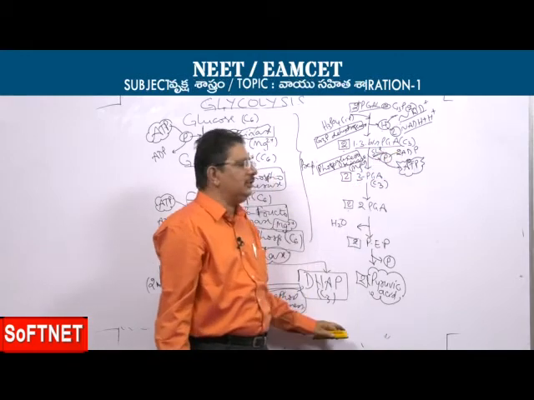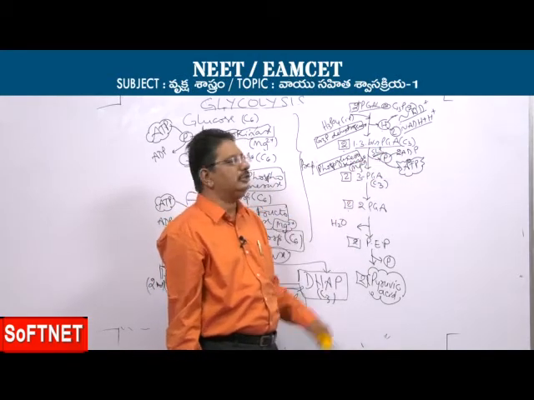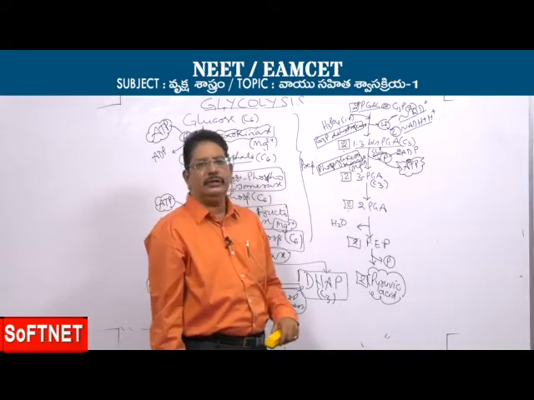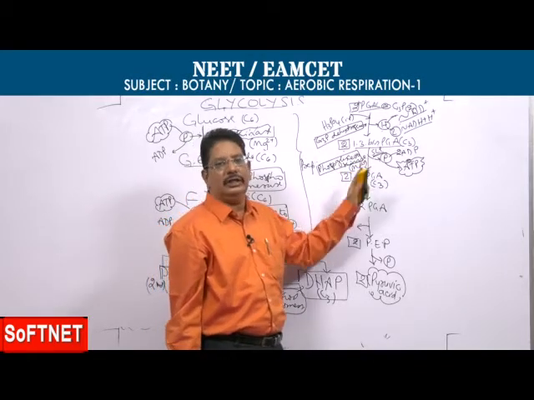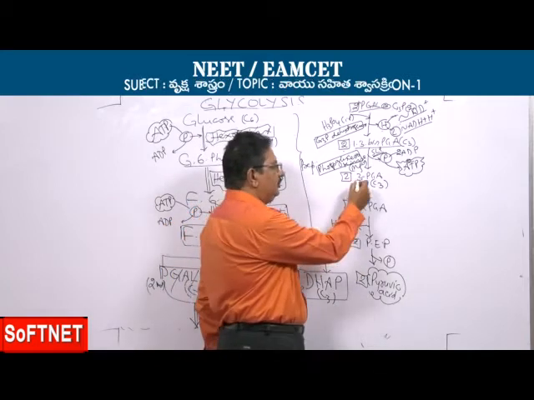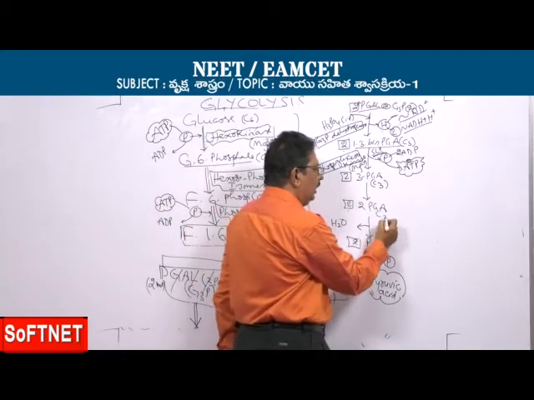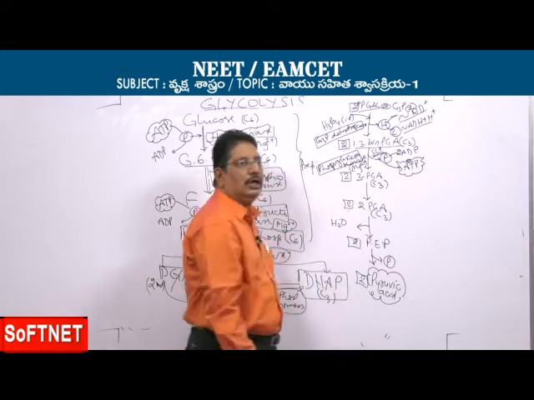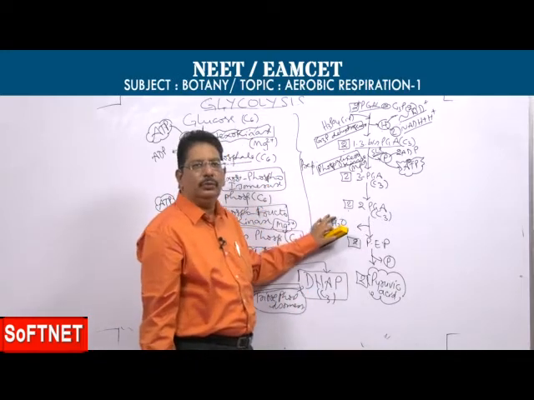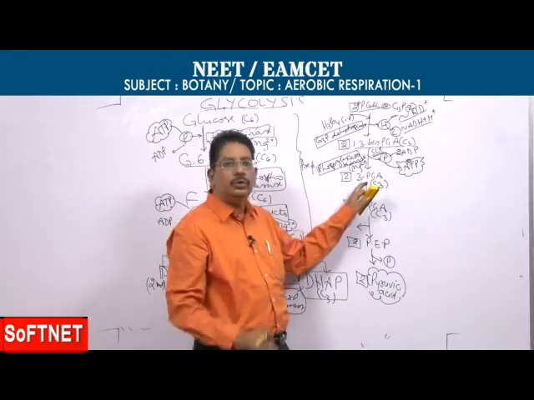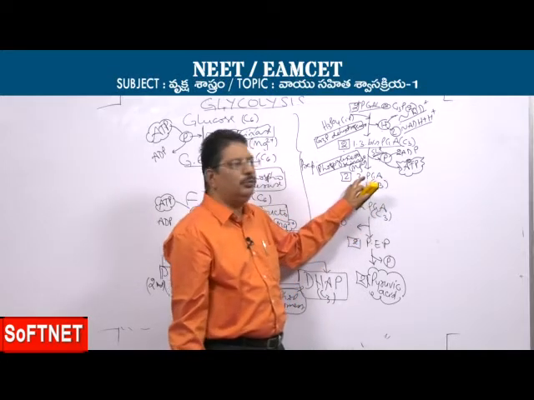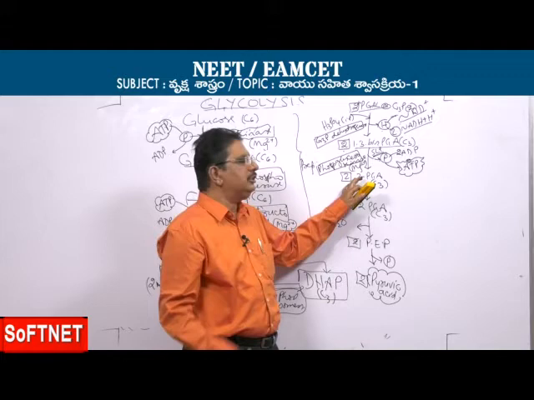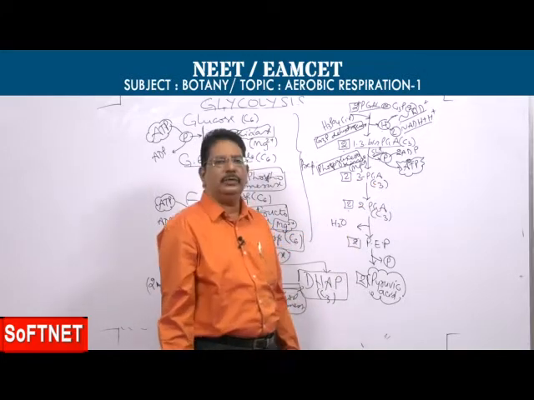So, in glycolysis, the first SLP step is mediated by, so the answer is, phosphoglycerokinase. And 3-PGA now converts into another intermediate called 2-PGA, where there is only group transfer. The phosphate on the third carbon of PGA is shifted to the second carbon.